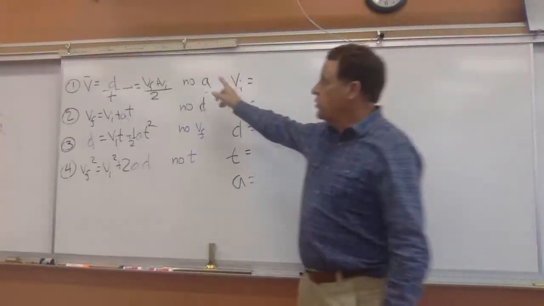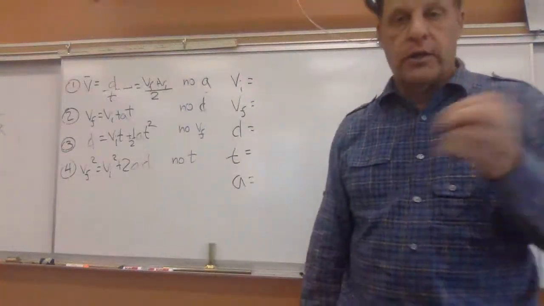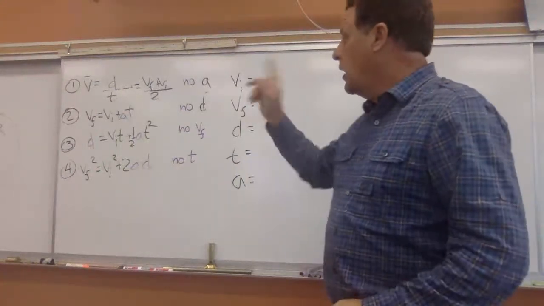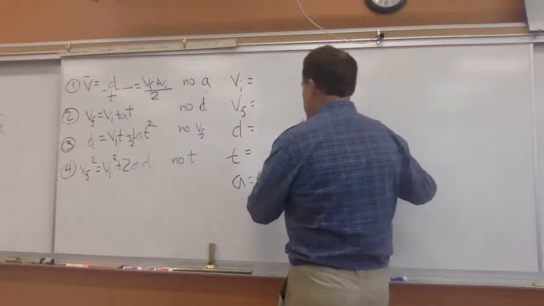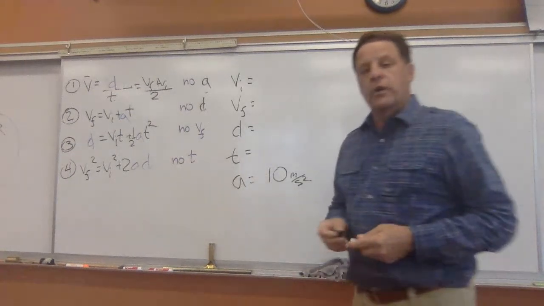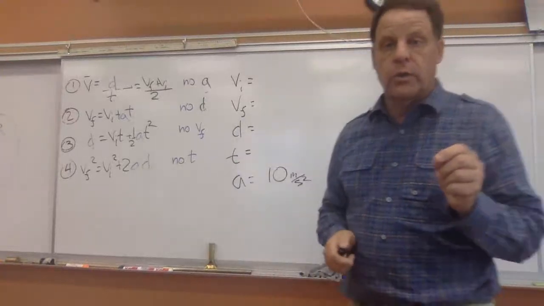Now remember, when you go to an object that is being dropped or thrown or shot or kicked or anything like that, it is going to be up in the air. So we automatically know that our acceleration is 10 meters per second squared.